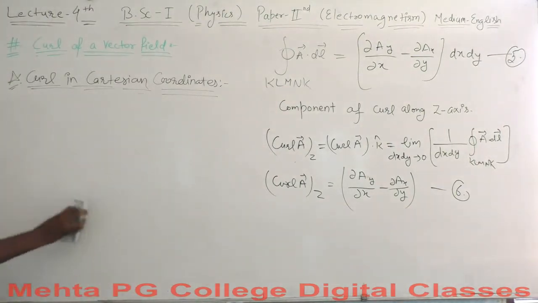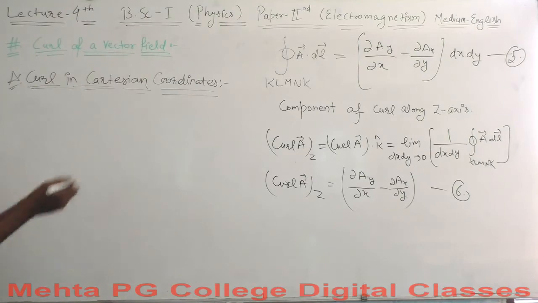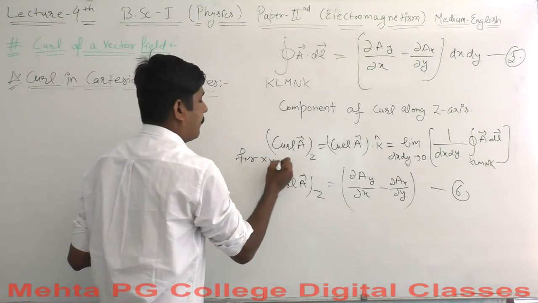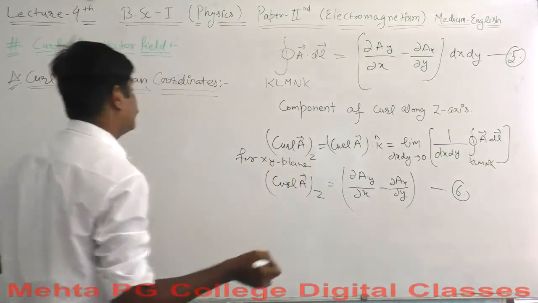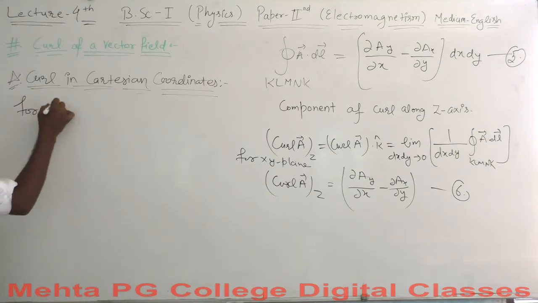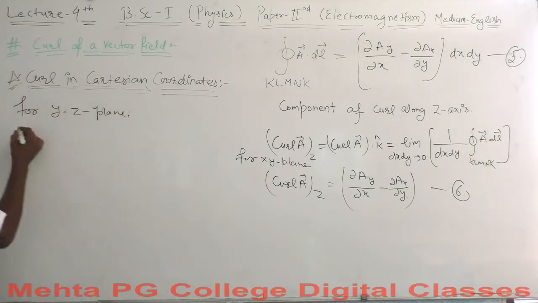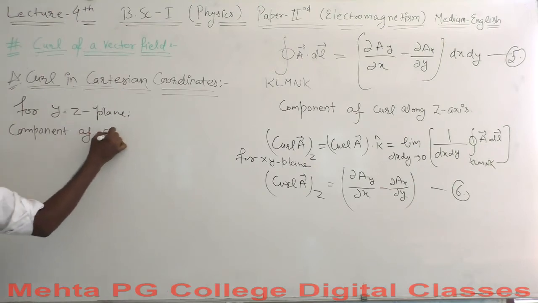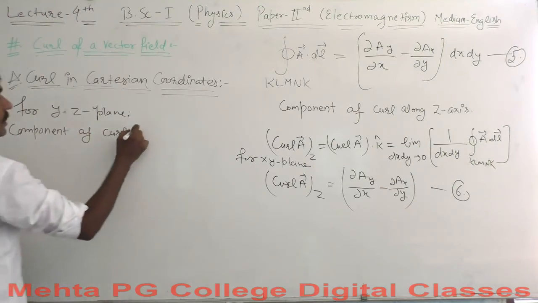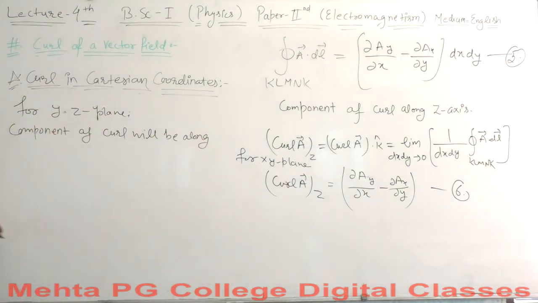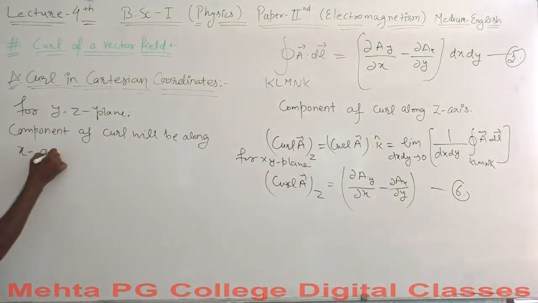Okay, we got some components here. So the component of curl, this was for the xy plane. Let me say for the yz plane, the component of curl will be along the remaining perpendicular axis, along the x axis.